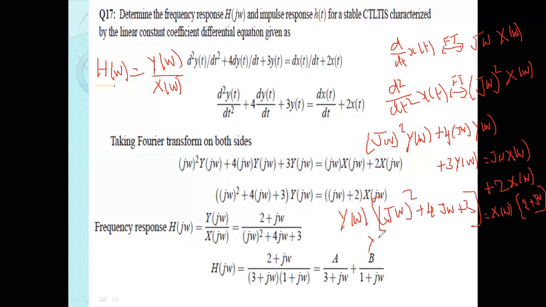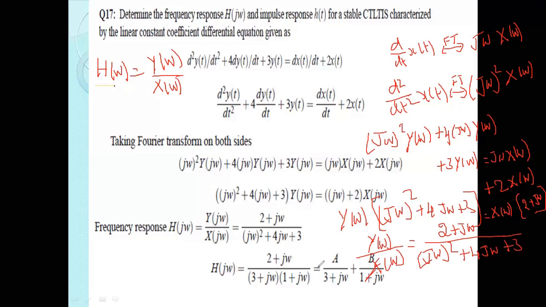So Y of omega by X of omega: X of omega is multiplied with 2 plus j omega and Y of omega is multiplied with j omega whole square plus 4 j omega plus 3.